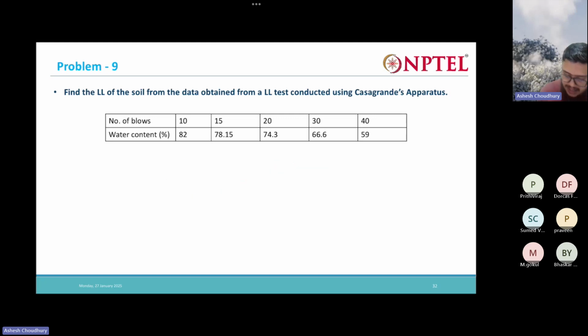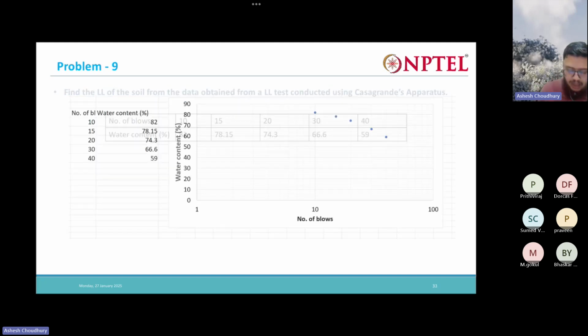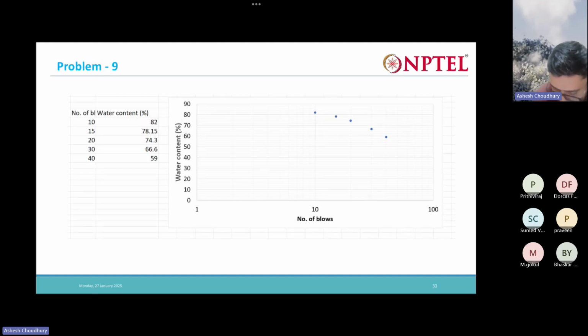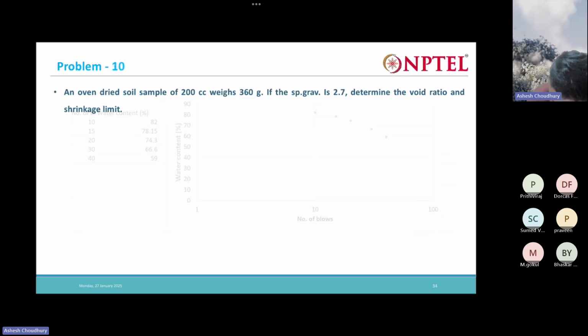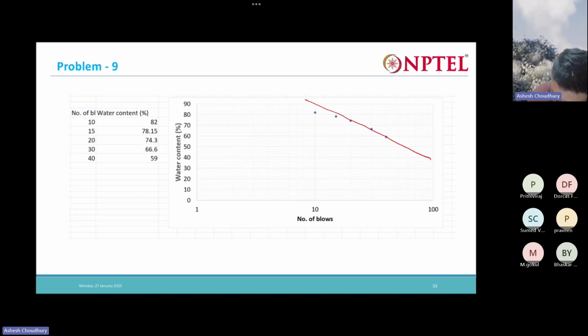So I plotted this for you in Excel. This is how the points you get. Approximately, you can draw a line something like this, and then corresponding to 25 blows you can find the value from here.